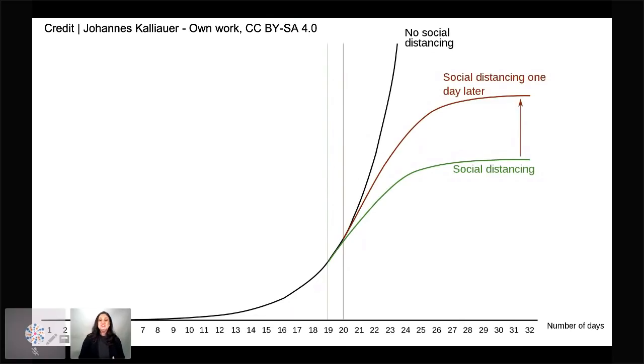So we are now slowing down the rate of spread. Look at the difference one day makes. You can see that in the burgundy line. If you start social distancing only one day later, you have a huge difference in growth of the number of infected people. And again, this is because of that animation I showed you. Every one person right now has the ability to affect 2 to 3 people, and that causes things to grow out of control.